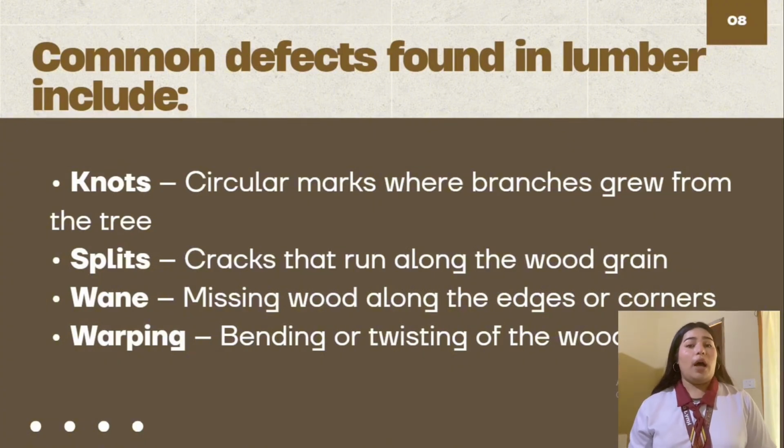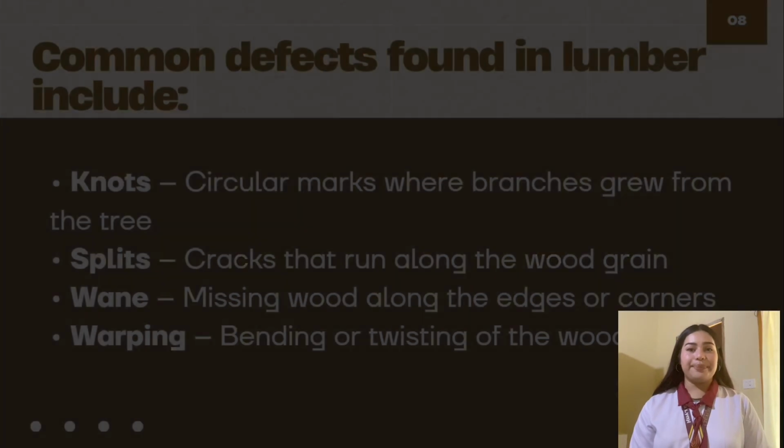It is the missing wood along the edges or the corners. Lastly is the warping. It refers to the bending or twisting of the wood. These defects can affect the strength and quality of lumber, so they are important to identify.